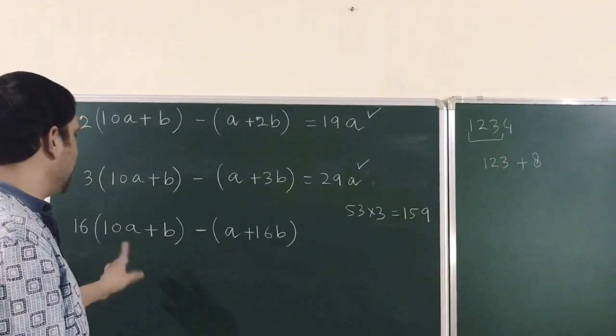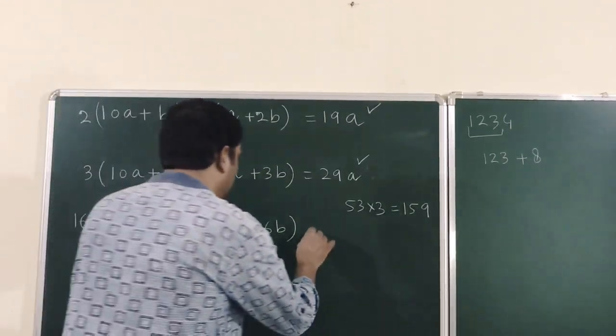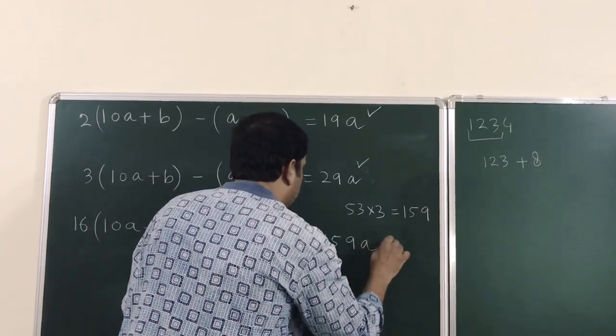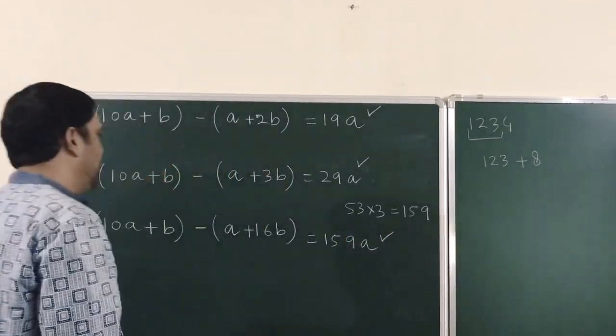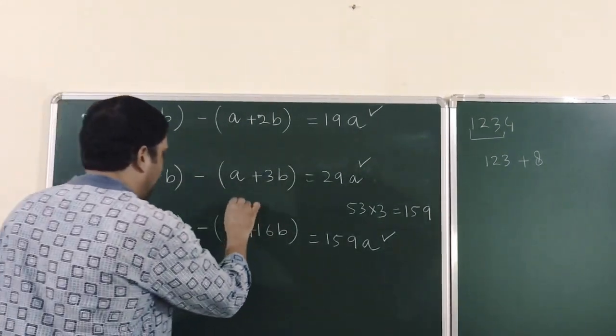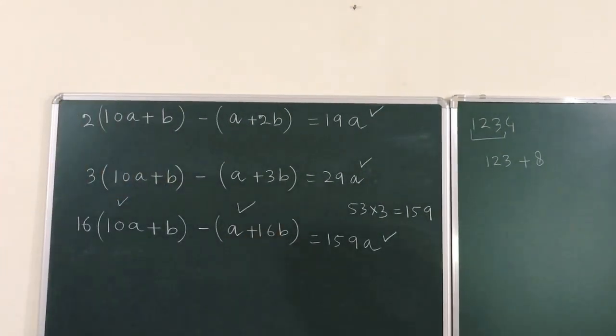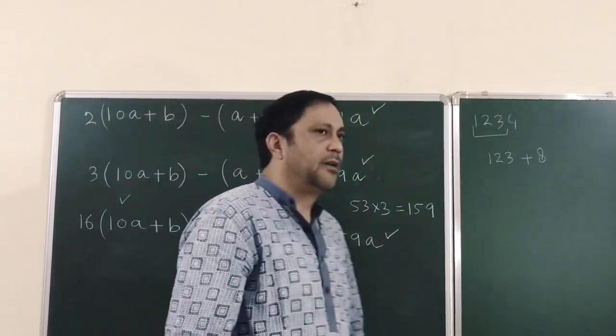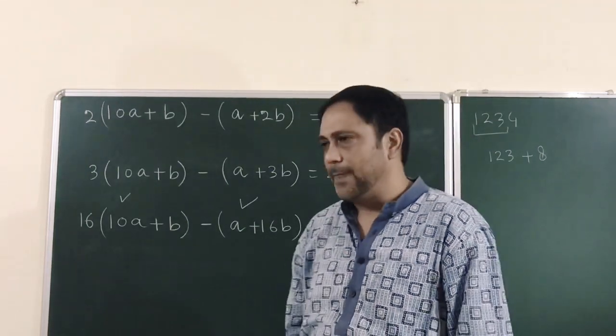The 16b cancel, and we'll get 159a. So this is divisible by 53. So if I confirm that this number is divisible by 53, we can confirm the divisibility of 10a plus b by 53.